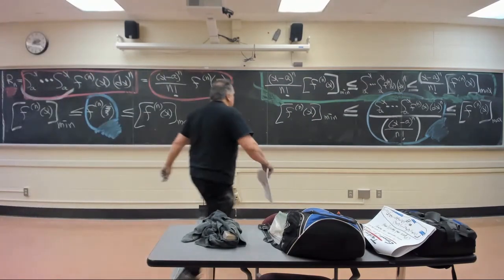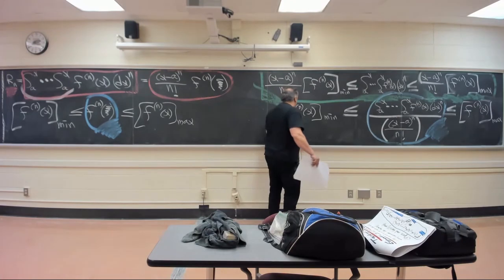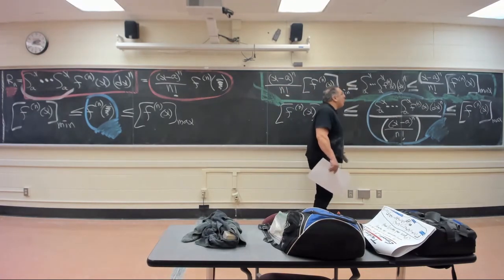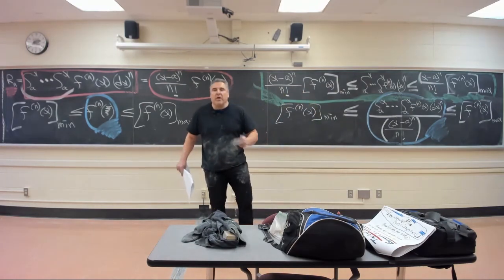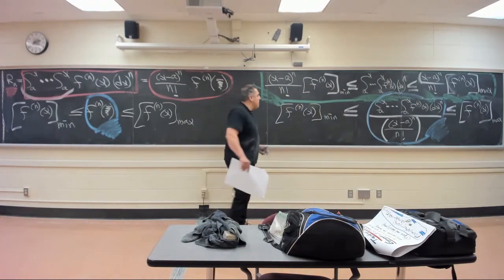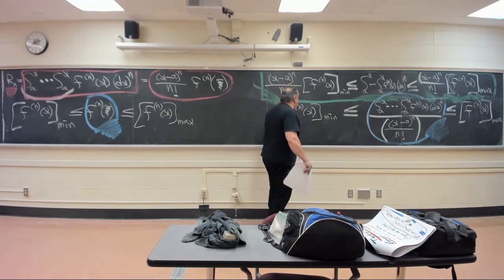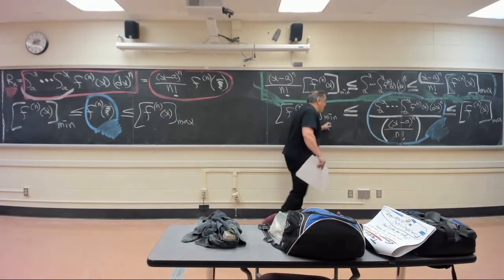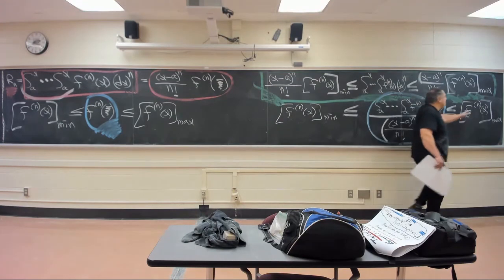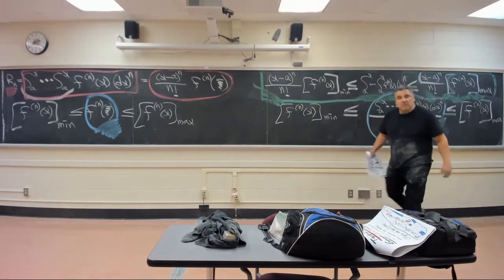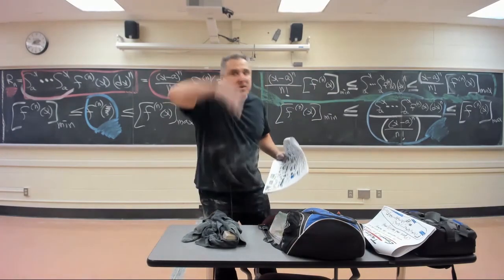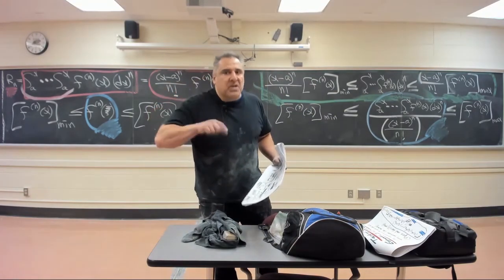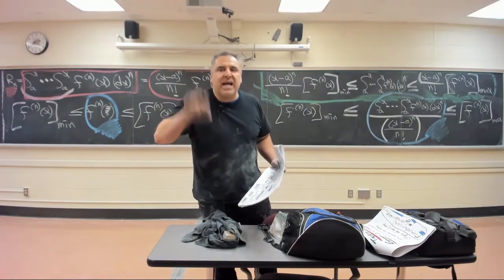The function, the nth derivative of f, will attain all the real number values that are to be found between the nth derivative of f min value and the nth derivative of f max value. That's really important. Whatever's between there, if there's a number between there, the function hits it.